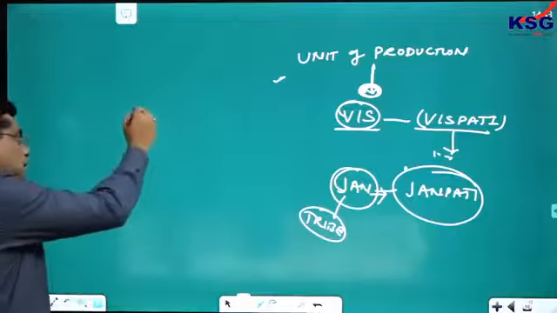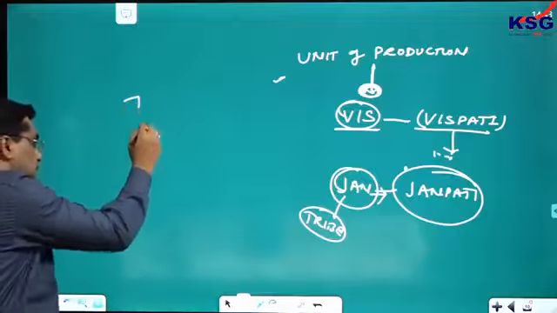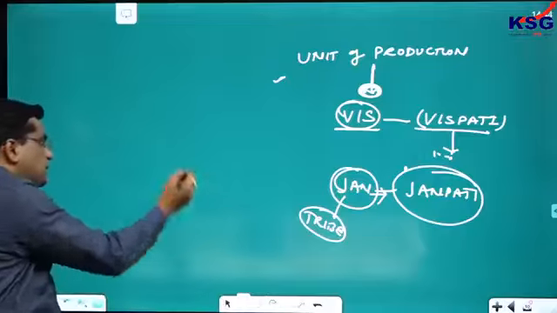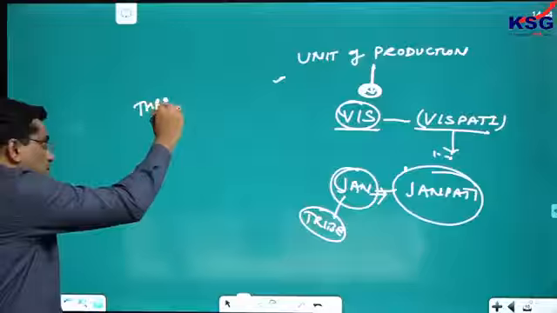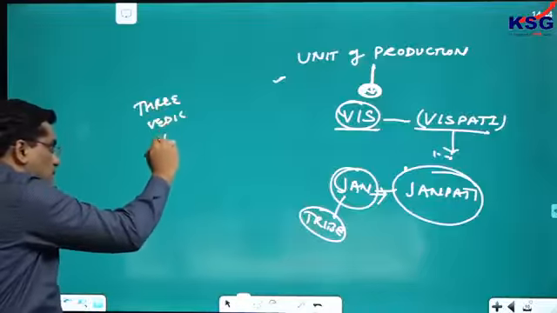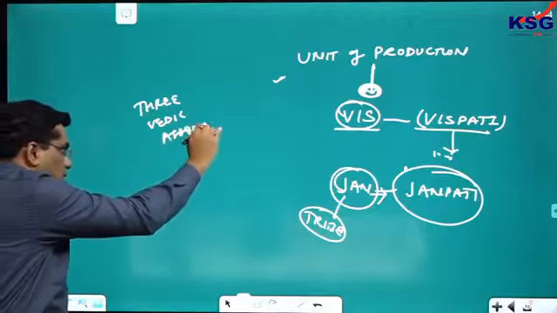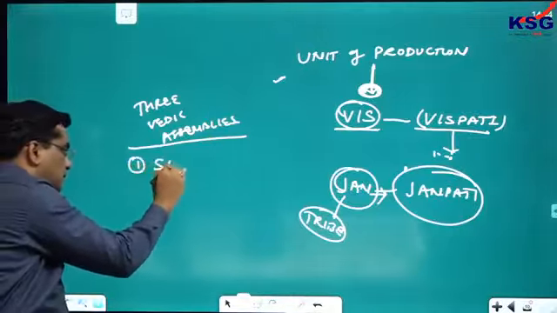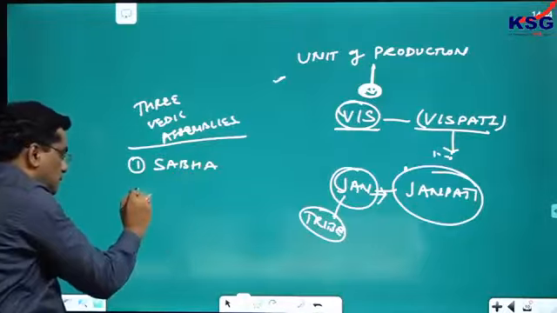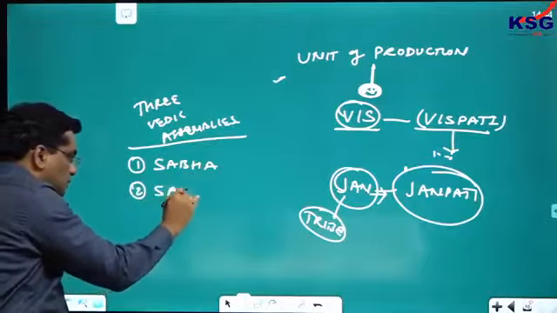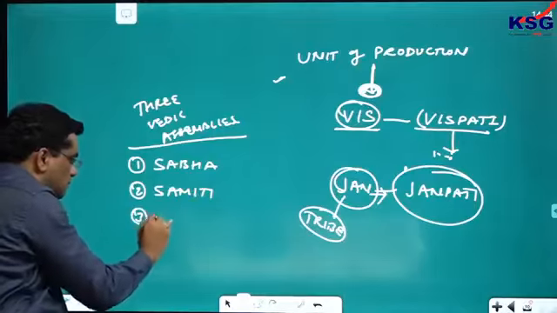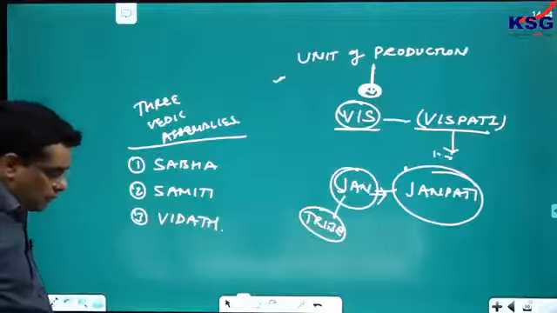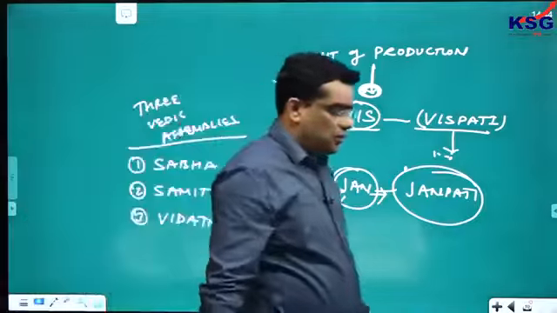There were three Vedic assemblies: Sabha, Samiti and Bidat.